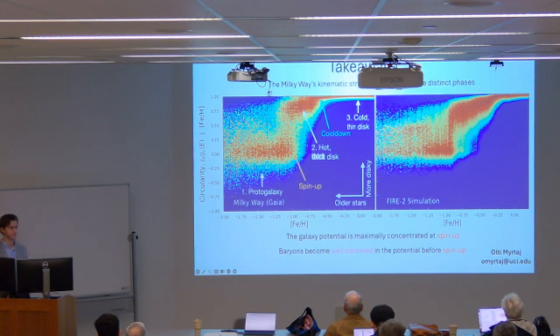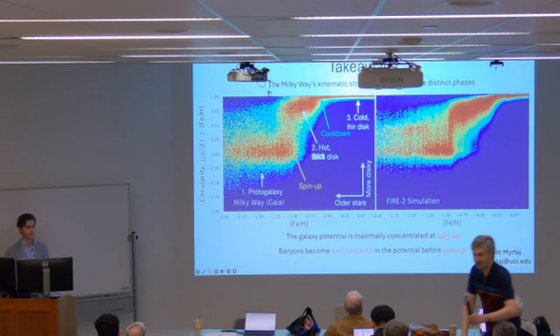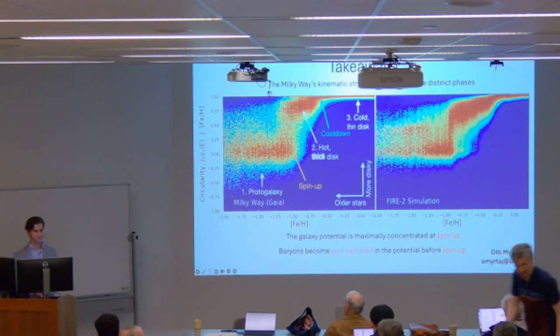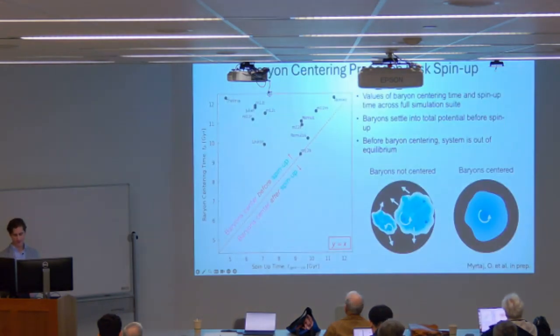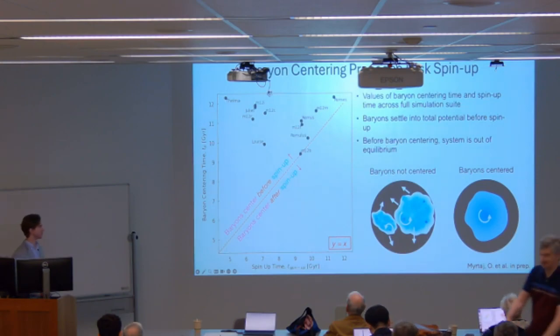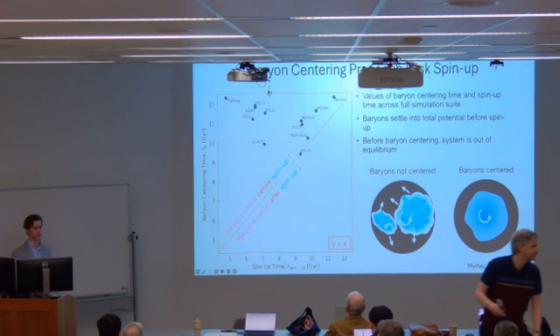All right, we'll do one more question while the next speaker sets up. So is the time scale for the baryons to settle down in the center of mass just a dynamical time scale, where things go as 1 over the square root of the density of the galaxy, or are there environmental effects? And if we go back to that page, there's a large amount of scatter here, right? In terms of the time frame.